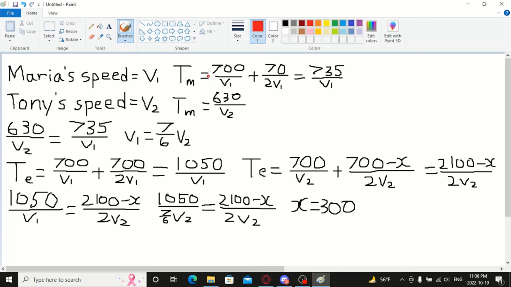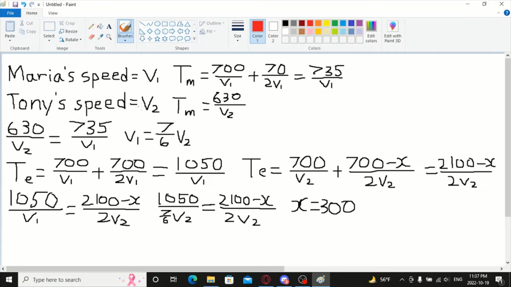And so we have Tm, which represents the point in time where the two runners meet. Maria ran 700 meters uphill and 70 meters downhill, and we represent Tm with this, which is distance over speed.